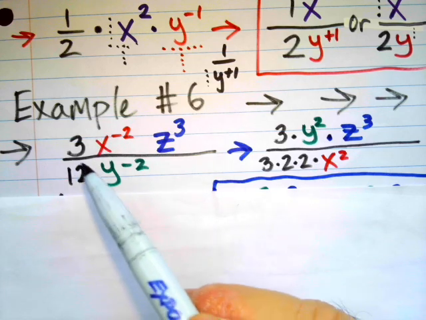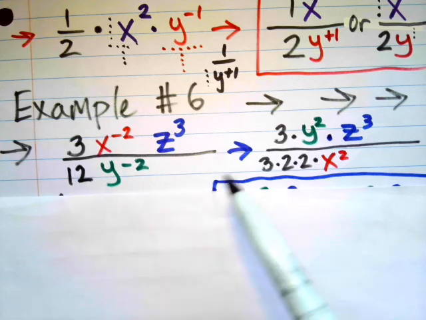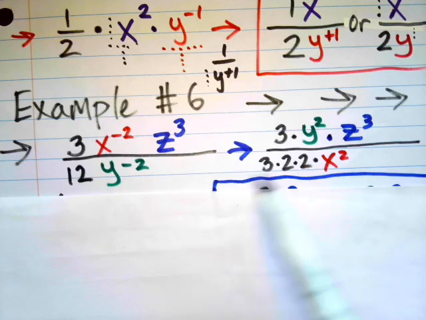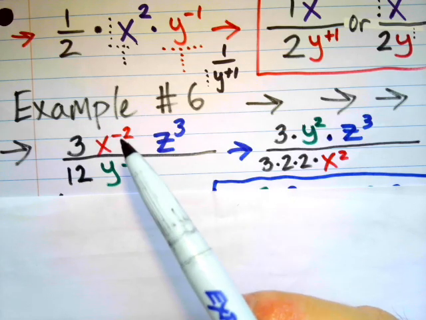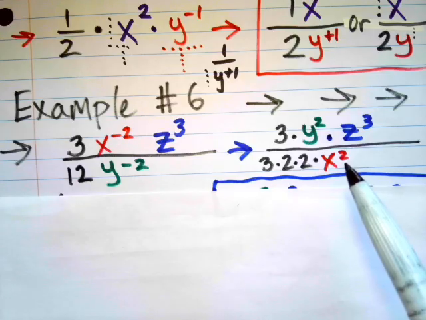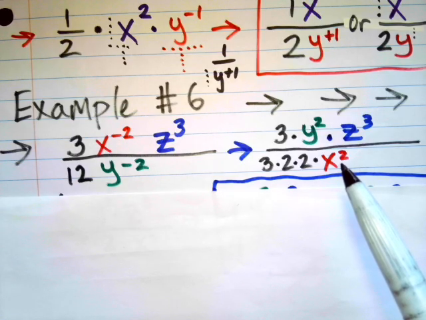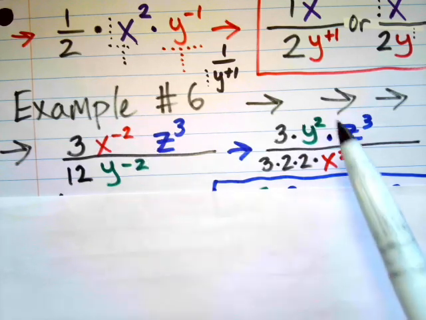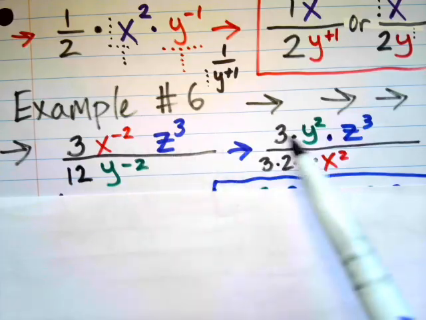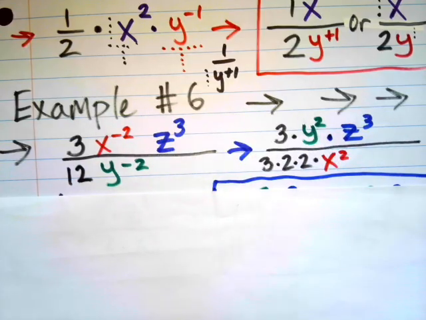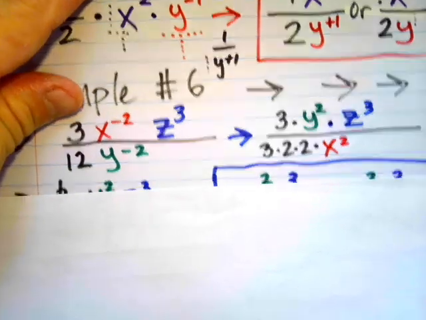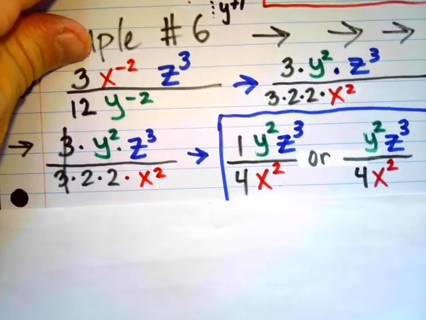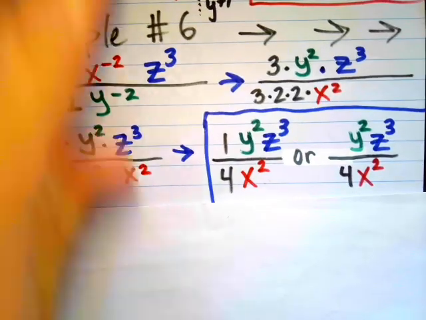So all I did here was I took the 12 and wrote it out in expanded form. 3 times 2 times 2 is 12. Times, remember that x squared is now on the bottom. We flipped that fraction and brought it down. You simply bring up that y squared on top. You have 3 times y squared times z to the cube, which was always on top. And from here, you just simplify as far as you can.